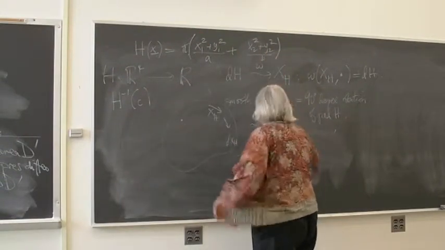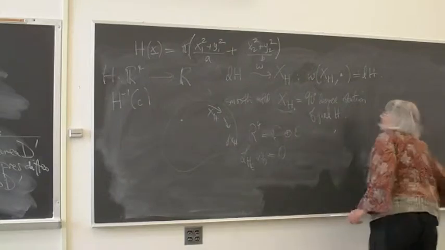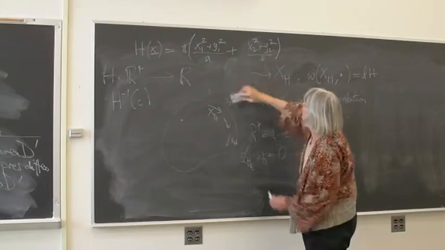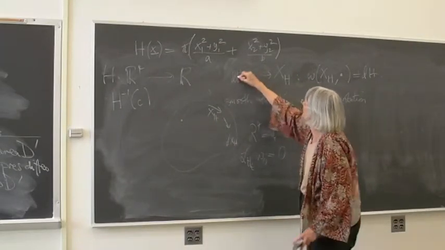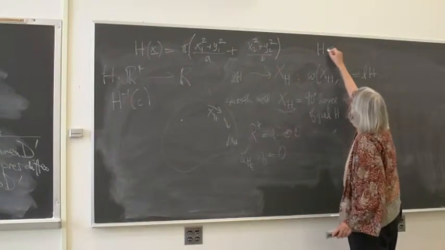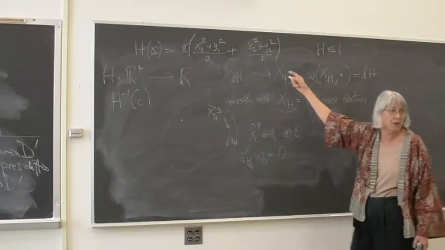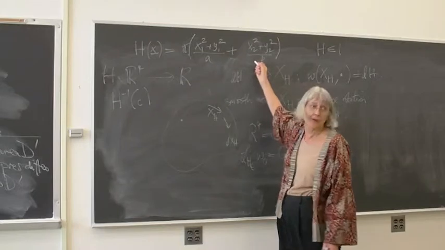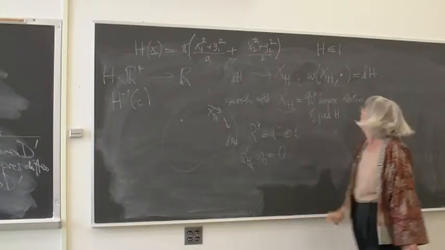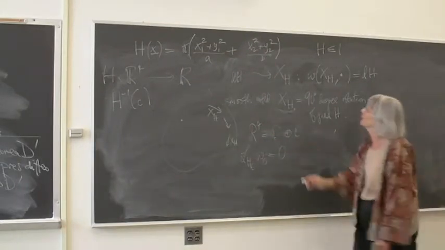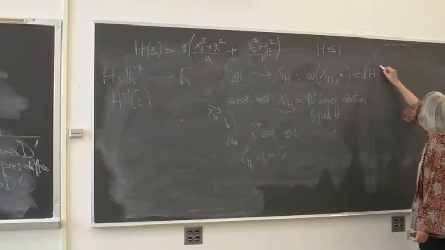So take that as your function. And its level surface is an ellipsoid. If you look at h less than or equal to 1, that's an ellipsoid, because if a is equal to b, then it's a ball, and if a is less than b, it's some kind of ellipsoid.